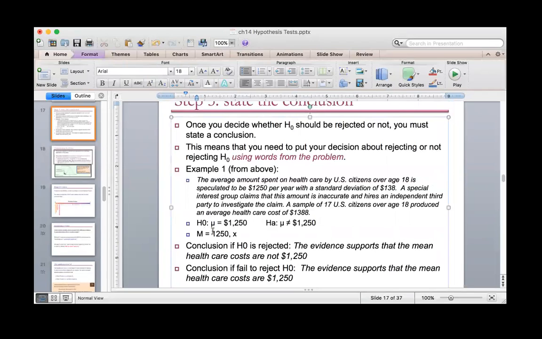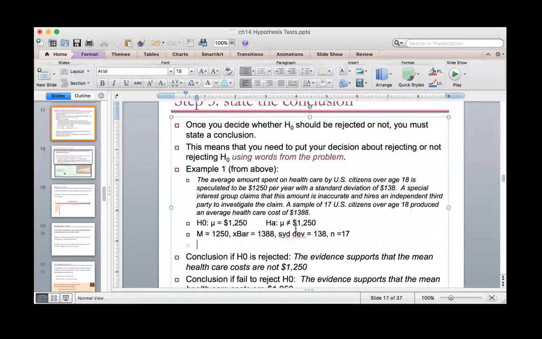X bar is 1388. Population standard deviation is $138. And n is how many? 17. So n equals 17.